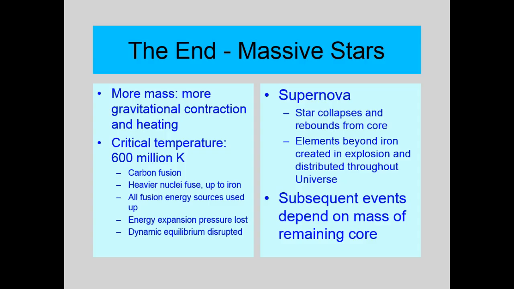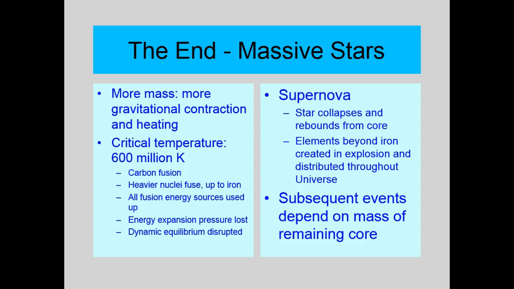So now the outward push is not there anymore. The energy expansion pressure is lost, the dynamic equilibrium is disrupted, and what happens? Everything collapses. Okay? The star collapses on itself with such an enormously tremendous force that it rebounds from the core and blows out. Okay? That's what we call a supernova.